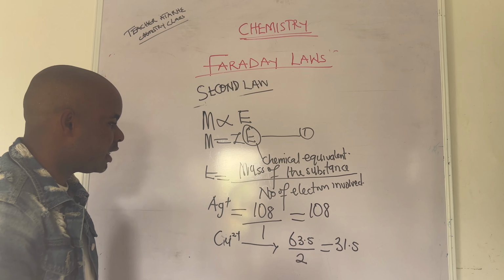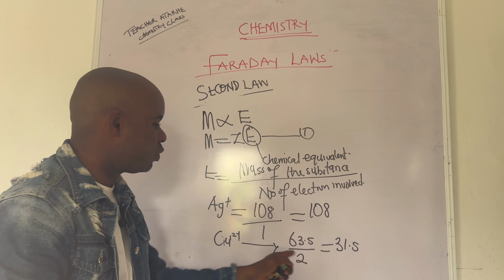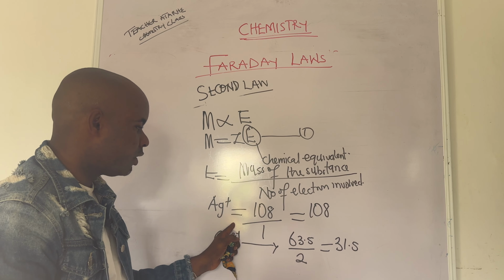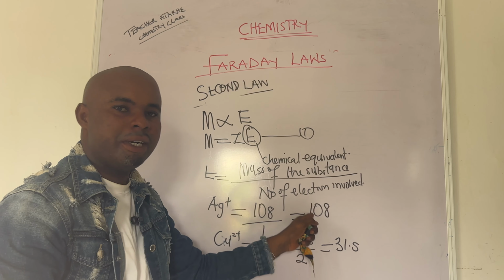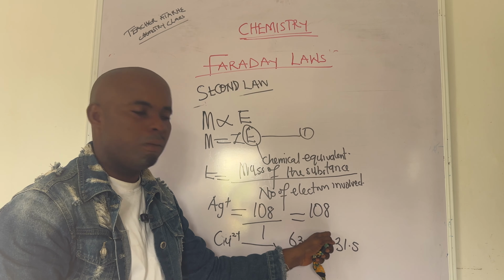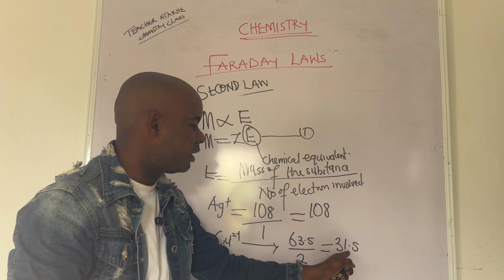With this explanation, if the same quantity of current is passed through these two ions, more of the silver will be liberated at each of the electrodes. We have 108 of these and 31.5 of these.